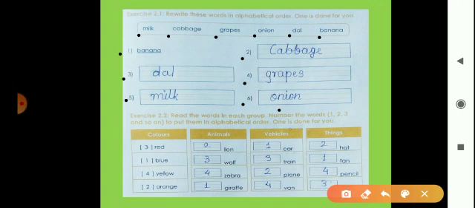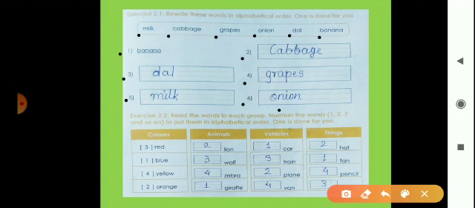Okay. So now here exercise number 2.2. Read the words in each group. Number the words 1, 2, 3 and so on to put them in alphabetical order. One is done for you. Now here are colors, animals, vehicles and things. So we will give numbers alphabetically to these words.